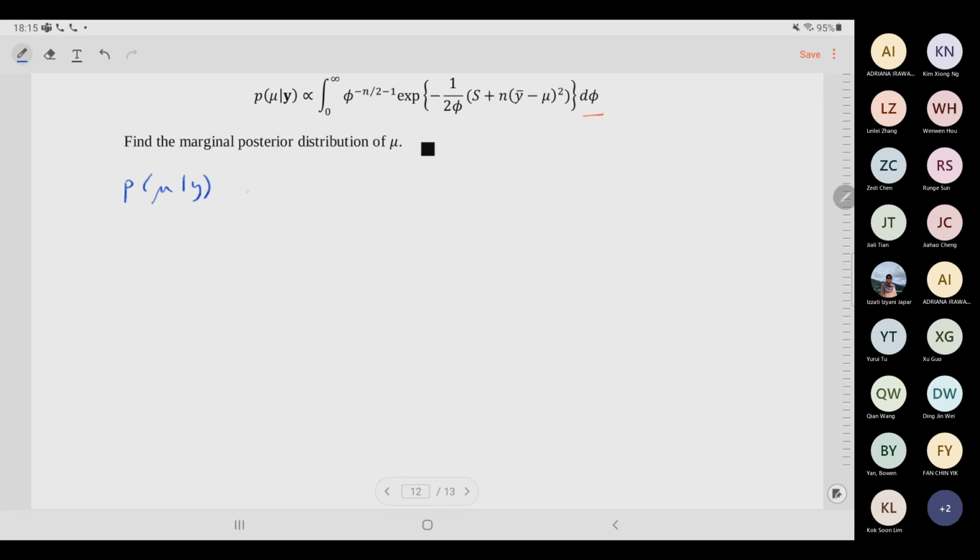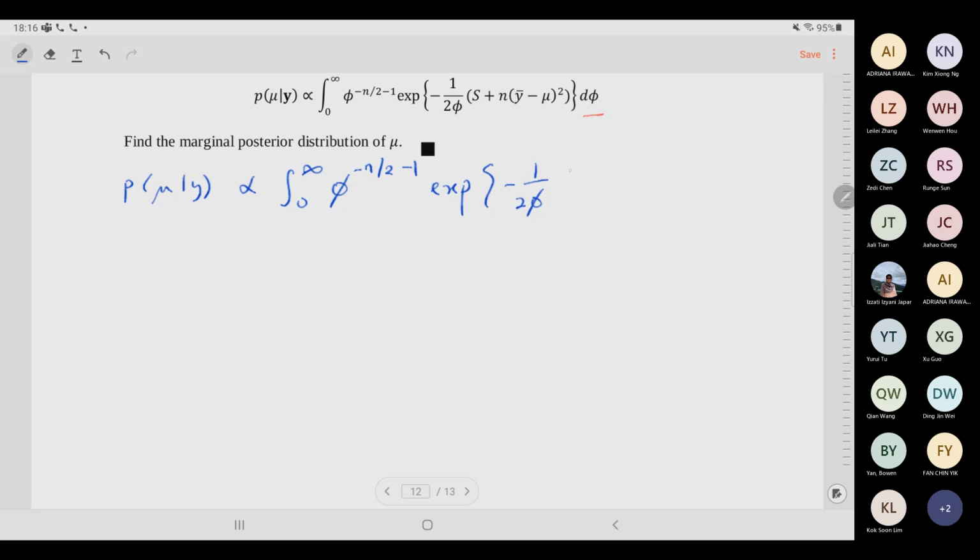Because this is up to proportionality, we have to integrate. To make it easier, you can make part of it into a constant or a function.